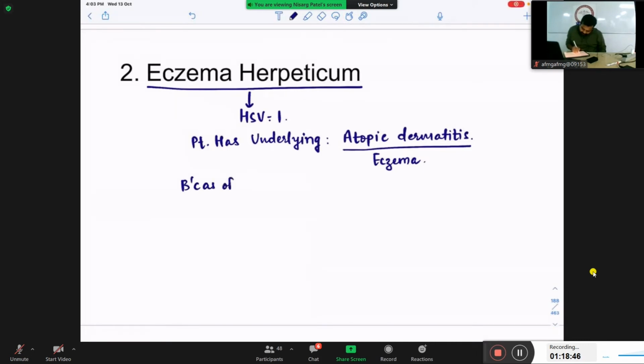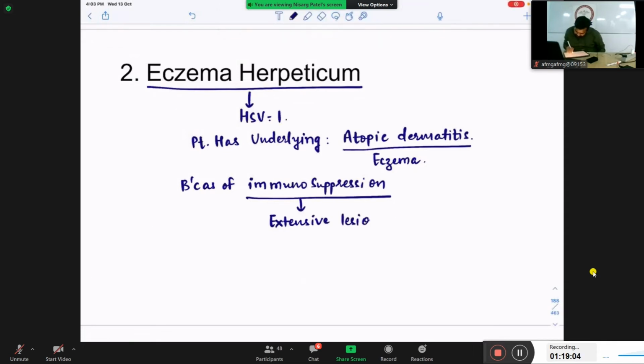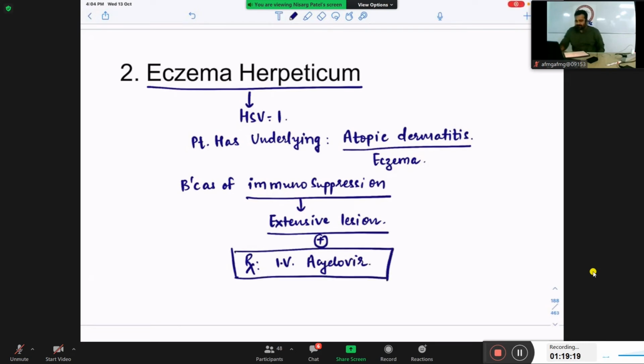Because of immunosuppression, the patient will have an extensive lesion. The treatment is IV acyclovir. So you will give IV acyclovir because the disease is extensive.